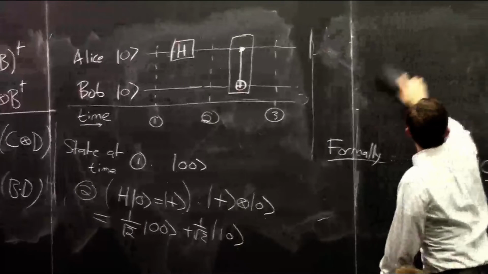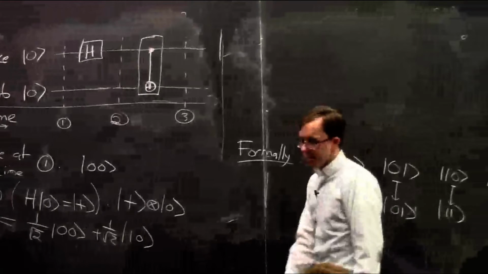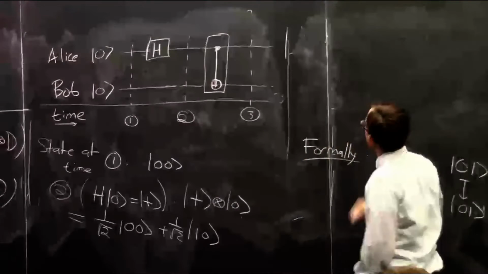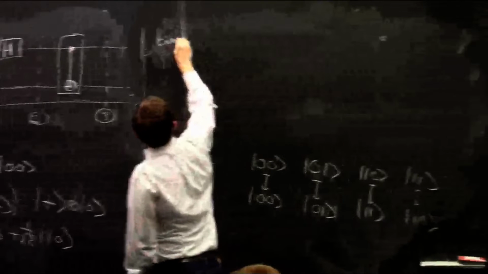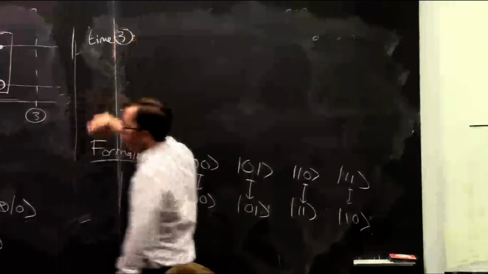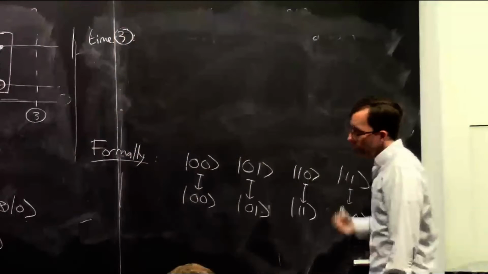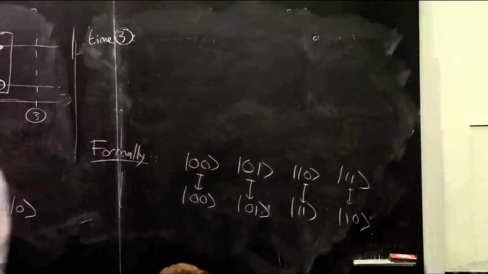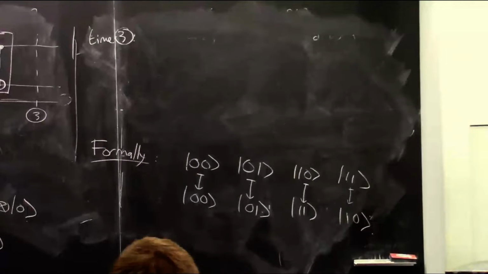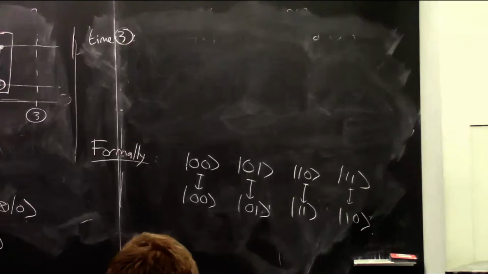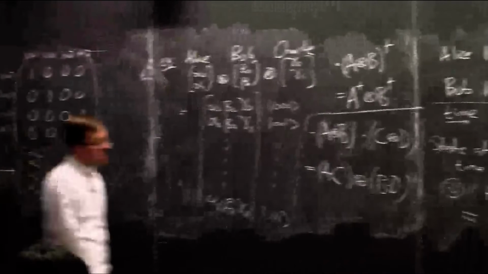Okay, so now we have the particles, and this is their joint state at time 2. So let's figure out their joint state at time 3. We talked about this already, right? It transforms exactly like this. Your amplitudes on 0, 0 and 0, 1 stay the same, and you swap the amplitudes on 0, 1 and 1, 0.